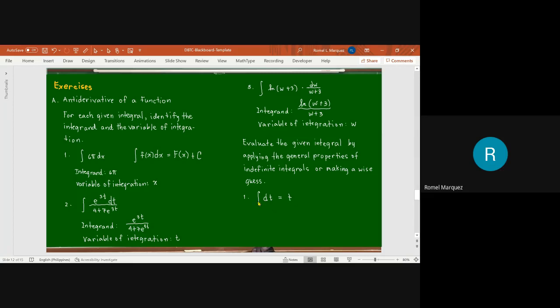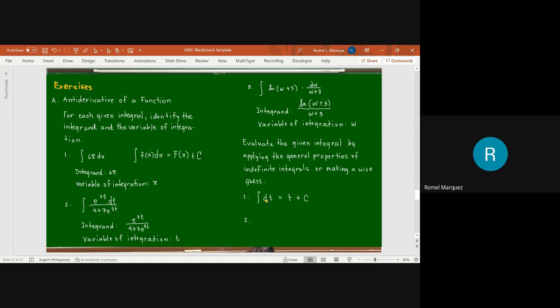That is one of the general properties of indefinite integrals: the integral of du is equal to u plus c. So if I have, let's say, the integral of 4x to the fifth dx.